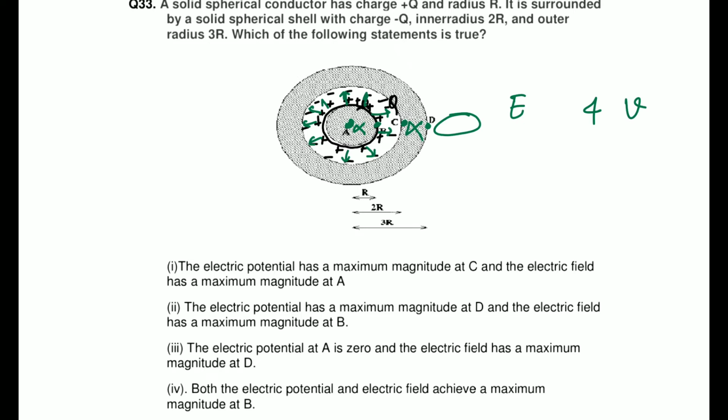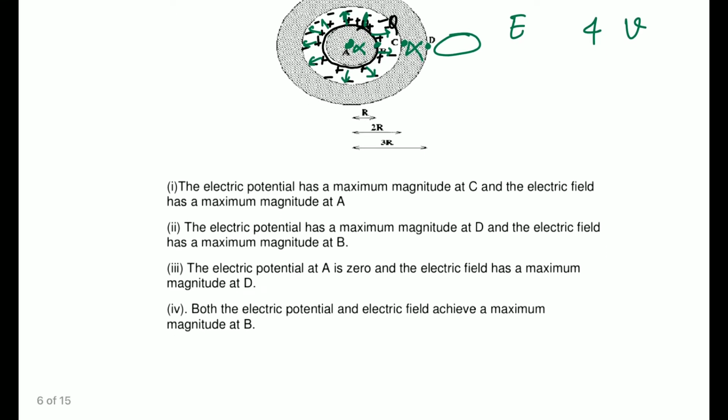Because of this negative charge, the potential will have a negative value. On the other hand, because of this positive charge, you will have a positive potential, which will be more as compared to your negative potential. So again I suspect that your B point will have the maximum potential. You can calculate this, but by observing I can see that B point has the maximum potential.